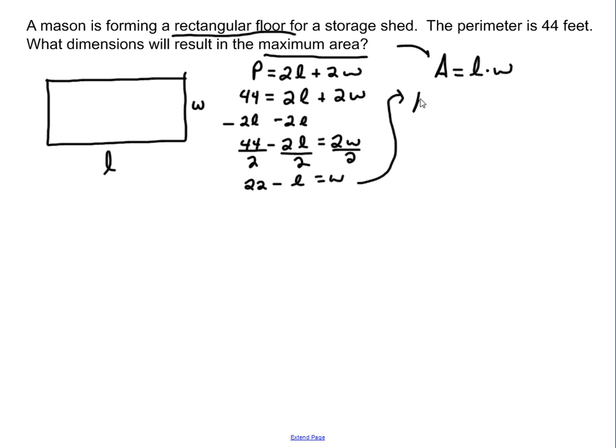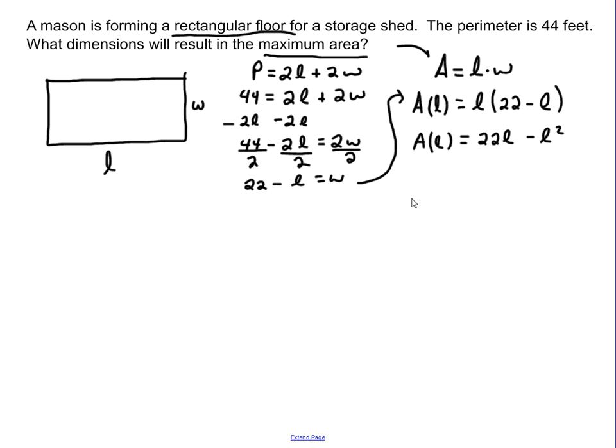And so our area can be written in terms of the length. So area as a function of length will equal the length L times 22 minus L. Well, rewriting this formula one more time, our formula for area in terms of length is equal to 22L minus L squared.